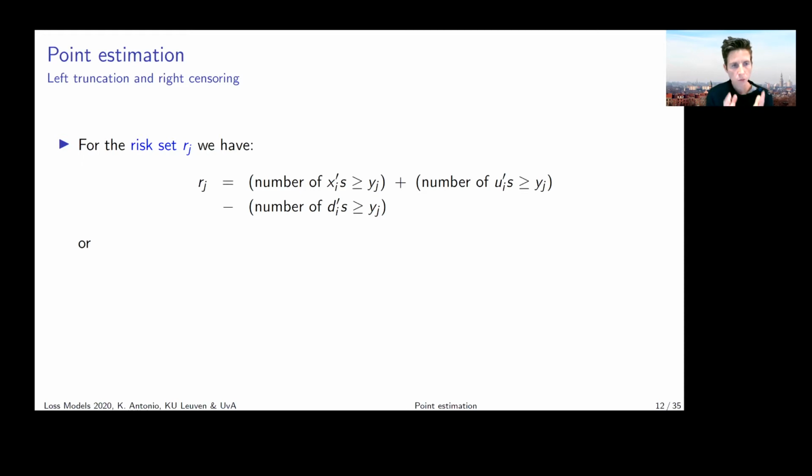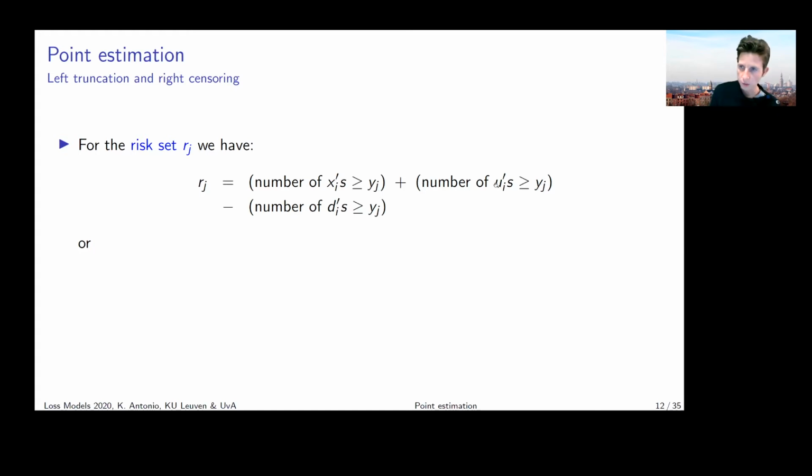So if we look at the risk set rj, then in principle, what we're doing is counting the number of observations which are larger than or equal to the observed unique outcome yj. And so what that now becomes, in case we're dealing with right censoring and left truncation, is that we're going to count how many xi's did we observe, so full observations, which are above or equal to yj.